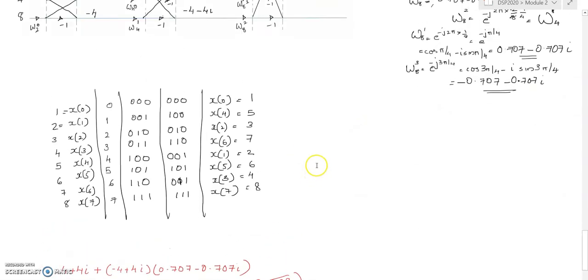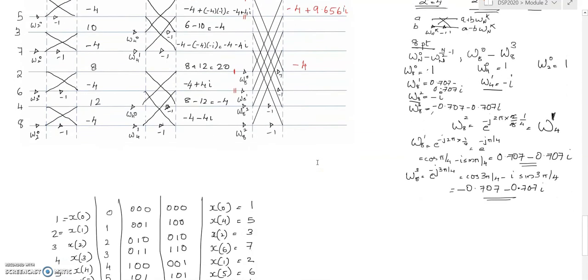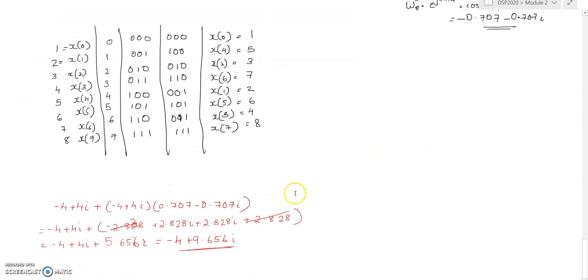And similarly, when we do this particular operation again for the other arm, it would become minus over here. So we'll just do some minor corrections.